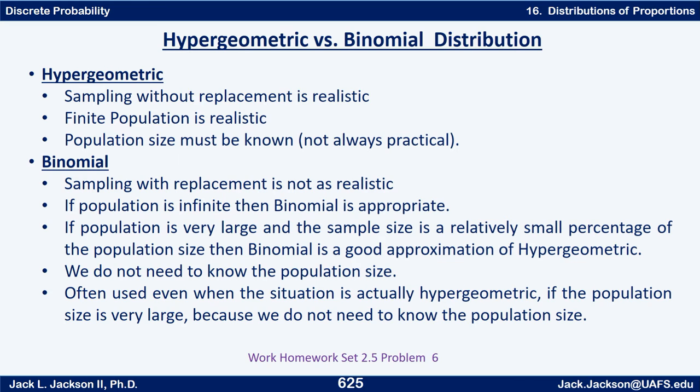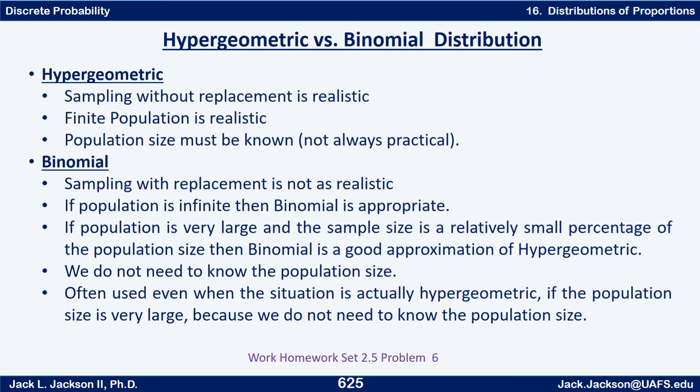And notice that we have the advantage that we don't need to know the population size here. So the binomial distribution is often used even when the situation is technically hypergeometric, if the population size is very large, because we do not need to know the population size.